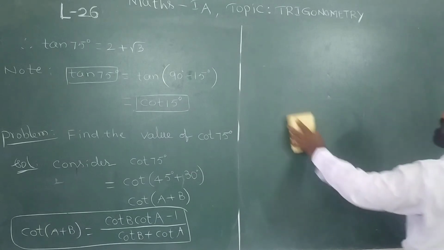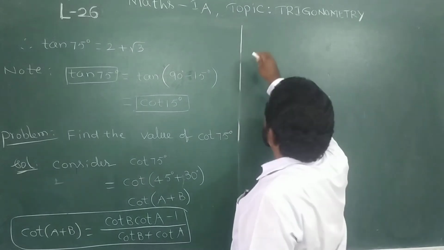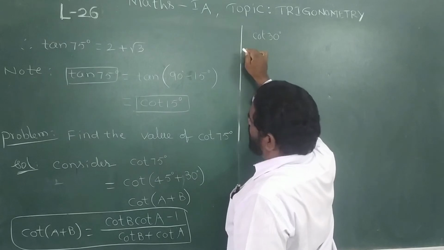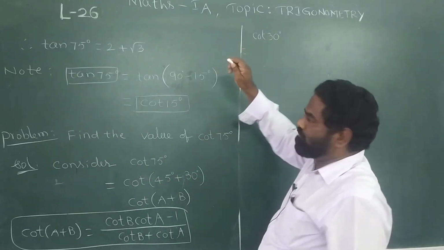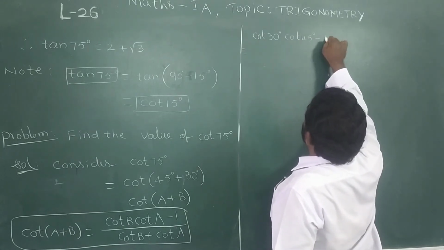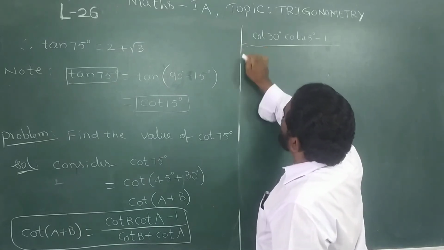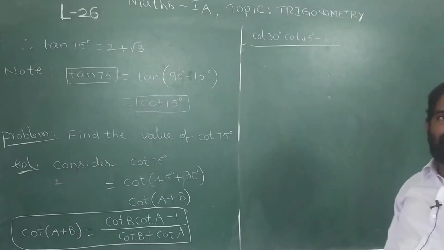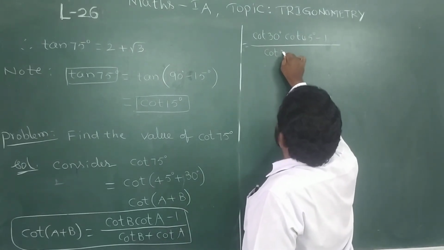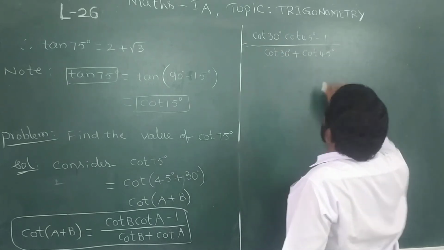Those are put in the formula. Cot B cot 30 degrees, cot A cot 45 degrees, minus 1, all by cot B plus cot A, cot B 30, cot A 45 degrees.